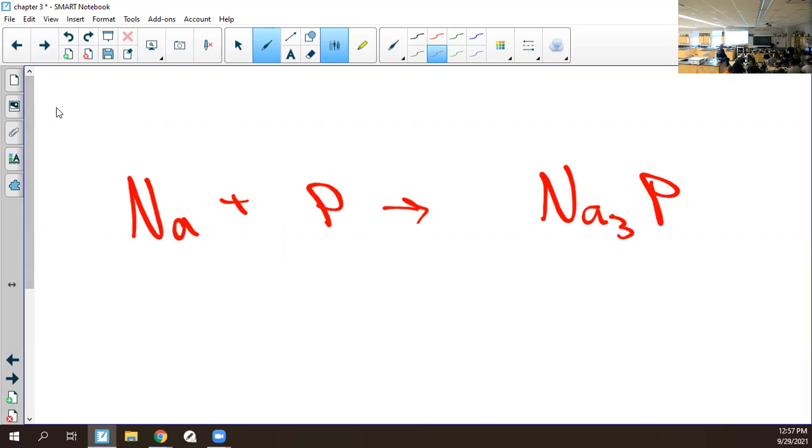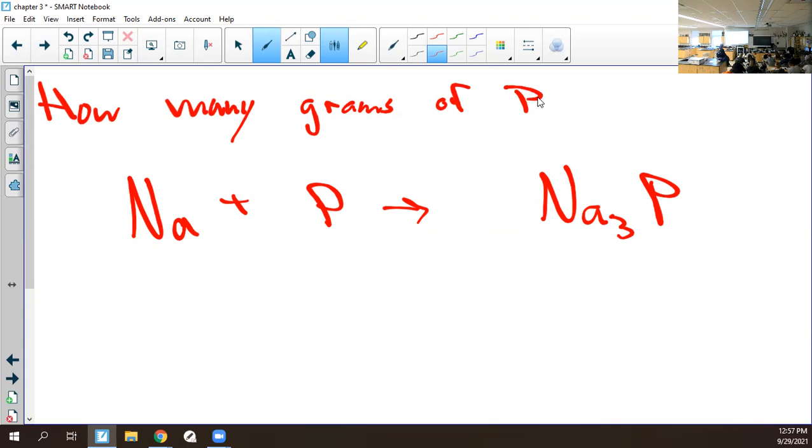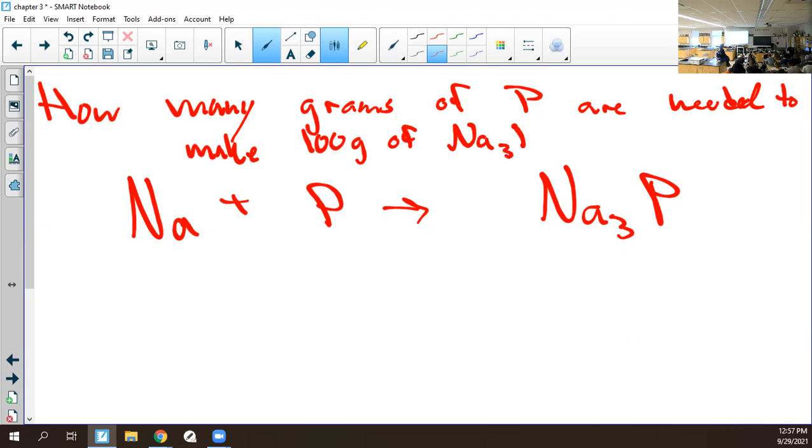I want to know how many grams of phosphorus, or sorry, phosphide, I shouldn't have said phosphate, that was my bad, are needed to make 100 grams of sodium phosphide. You can write that out or take a picture of it. Try and have that answer tomorrow, and we'll just see how it goes.